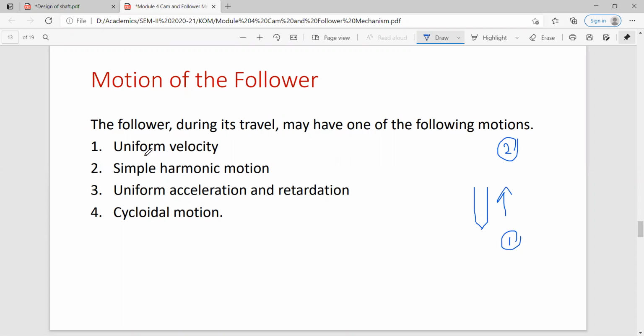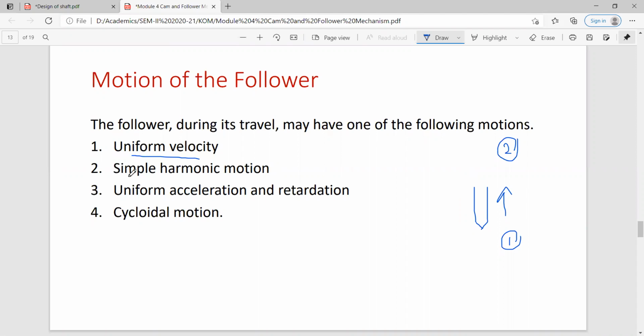The first case is uniform velocity, when the follower moves from the lowest position to the highest position with constant velocity. It will be uniformly moving. Its speed will remain the same.